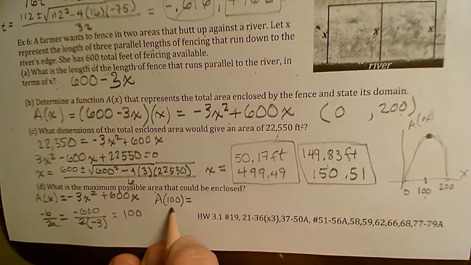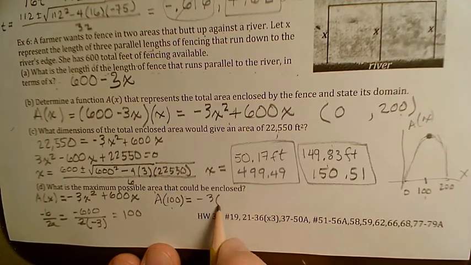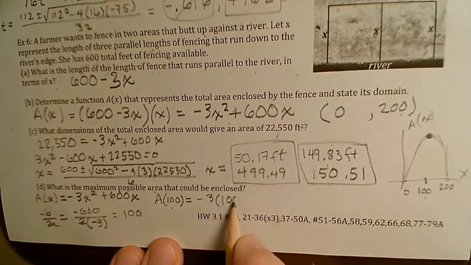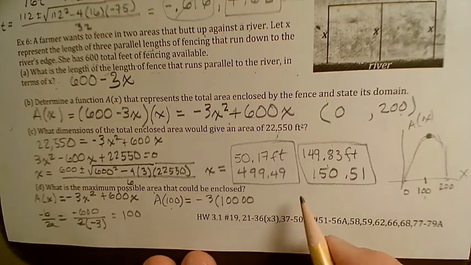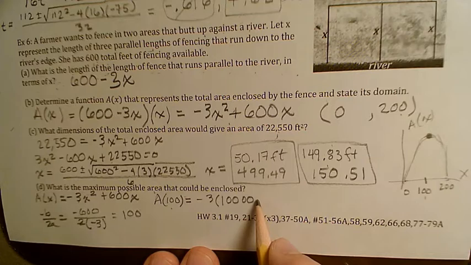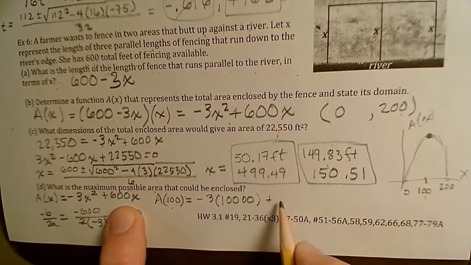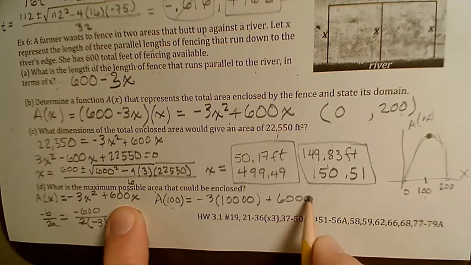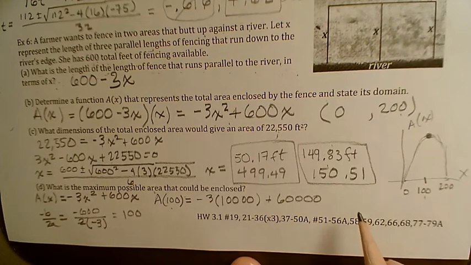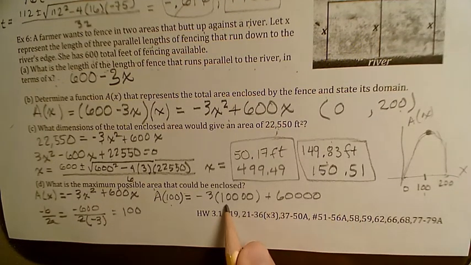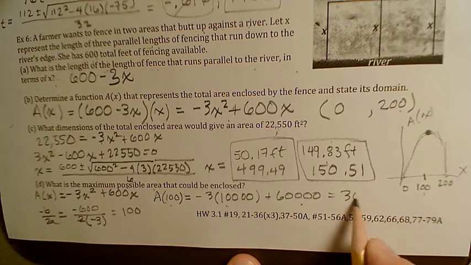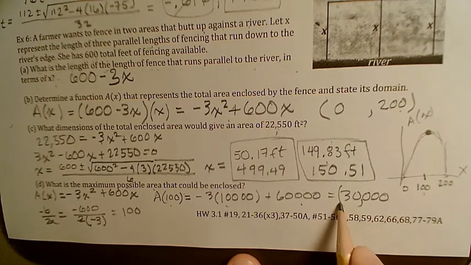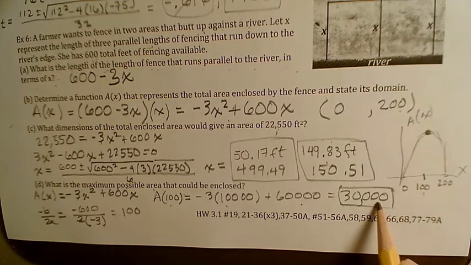So we put 100 in there, we get negative 3 times 100 squared, so that's 10,000, and then plus 600 times 100, and so that's 60,000. So that's negative 30,000 plus 60,000, so that is 30,000 square feet is the maximum area that you could get.